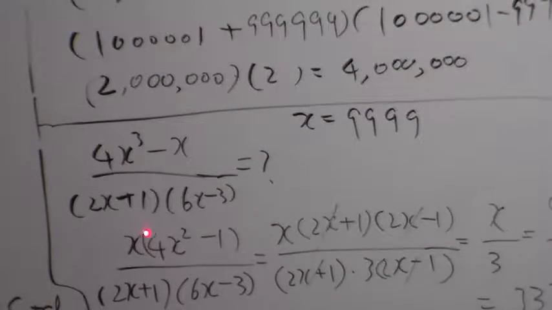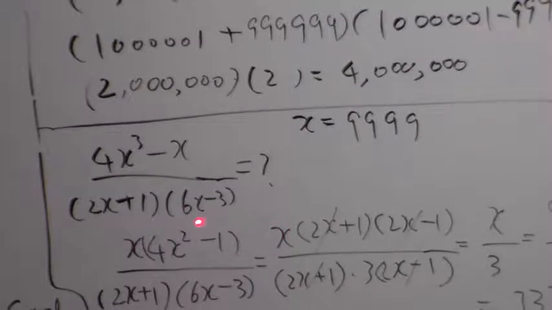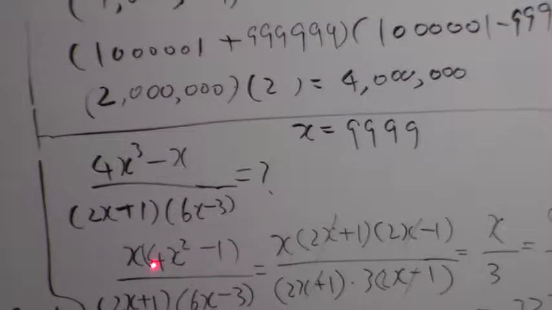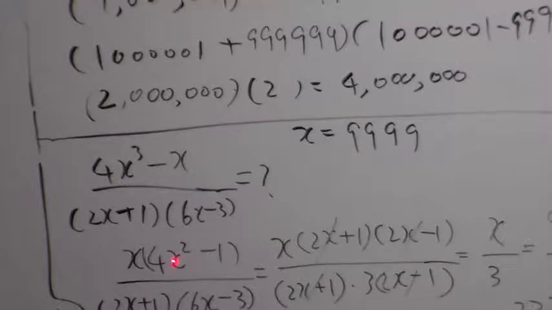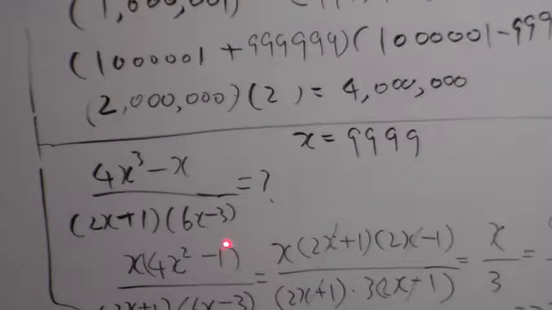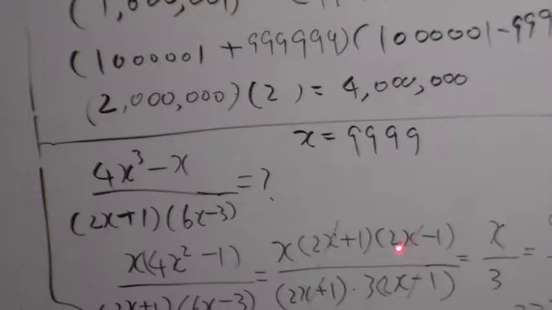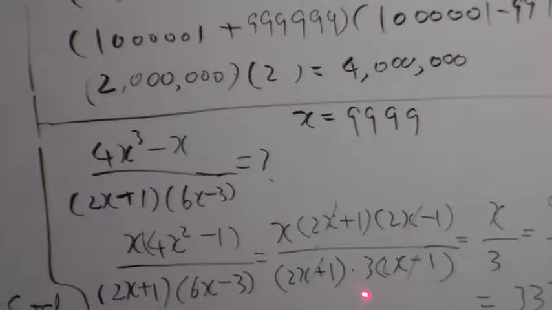And this one, I just simply rewrite it down there. Then x is right there. We have to do one more factoring for this. This one is 2x squared minus 1 squared, so 2x plus 1 times 2x minus 1. I just simply rewrite it.